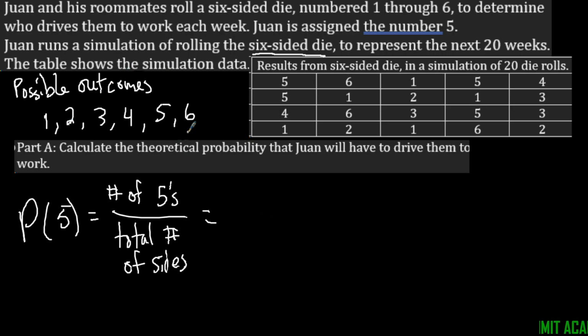I would just count and say there's one 5 out of the 6 possible sides. If I wanted to change that to a decimal, that's 0.16 with the 6 repeating, which is about 16%.